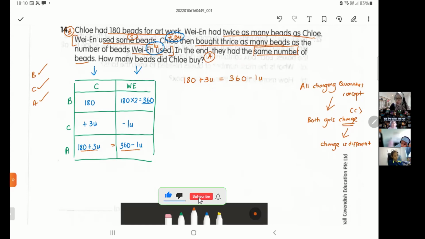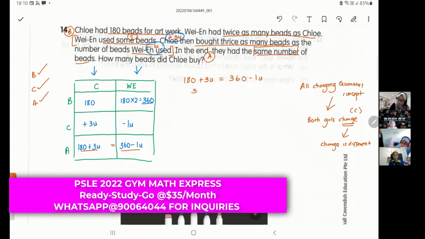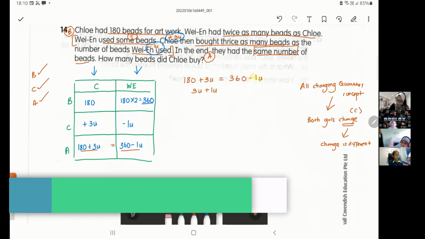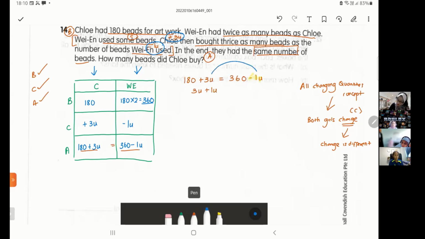Okay, we're going to arrange all the numbers to one side, all the units to the other side. 3 units plus 1 unit, this 1 unit goes over the equal sign and changes to plus 1 unit, equals 360 minus 180. Like that. Okay, so 4 units is 180. 1 unit is 180 divided by 4, and I will be getting 45.